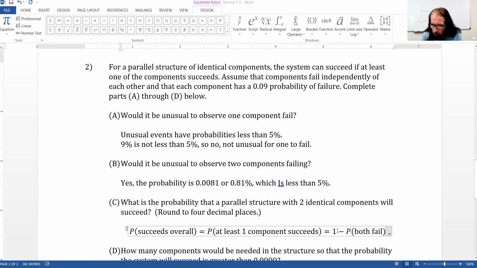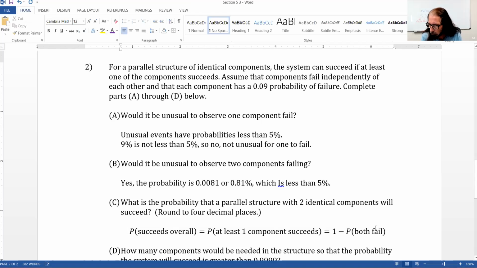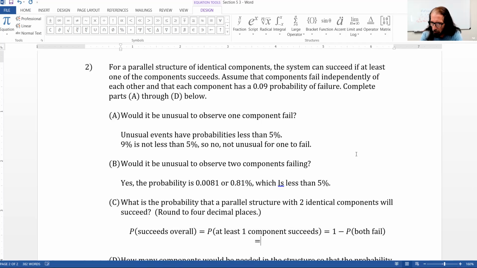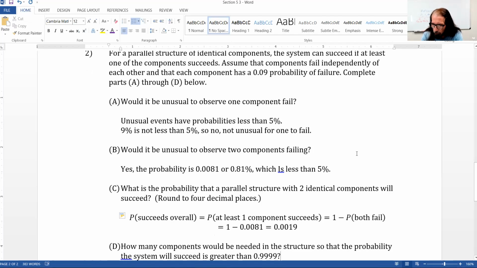So let's see here. We would have 1 minus the 0.0081, which would be 0.0019. That is, let's see. Yeah, I was way off there. I believe that should be 0.9919.